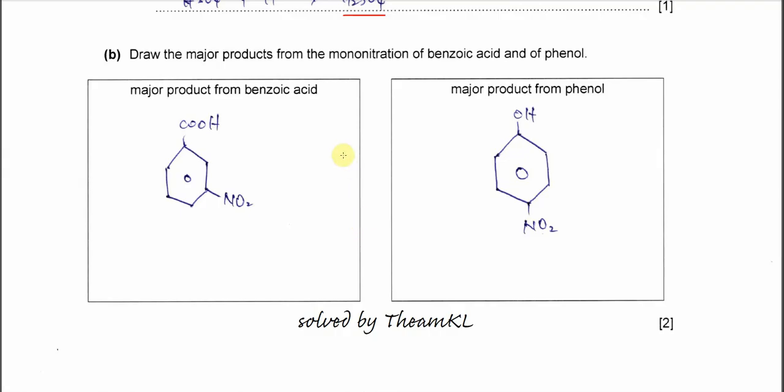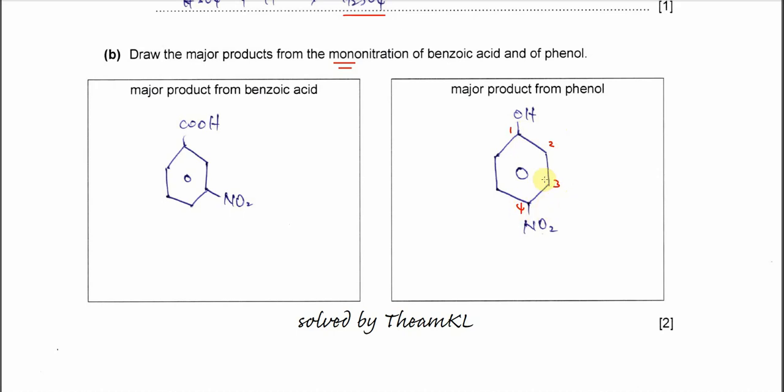Part B. Draw the major products for the mono nitration, just one nitro group only, for benzoic acid and phenol. I already told you phenol is 2,4 directing. So this is 1, 2, 3, 4.